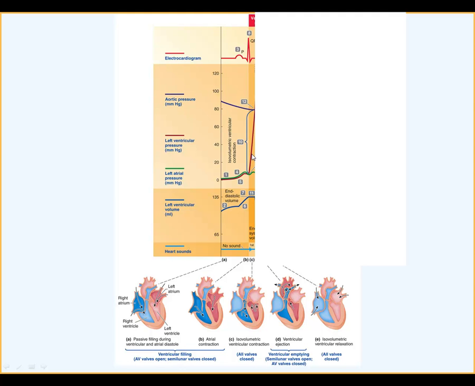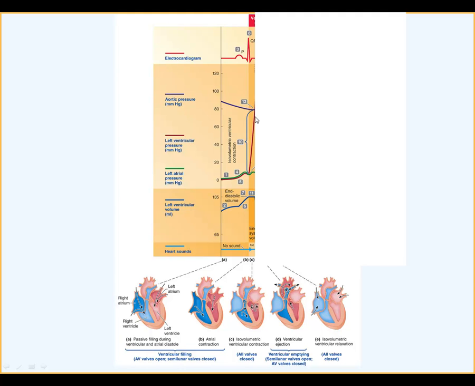Now the blood will try to return back to the left atrium, and that's not going to be allowed because we have a valve here. On the left side we have the mitral valve, on the right side we have the tricuspid valve. Those valves will shut because the blood is trying to go back to the atrium. Why is the blood trying to go back?